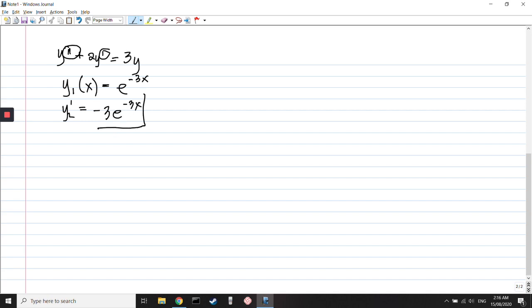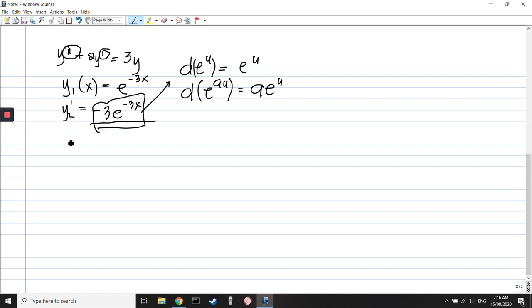Recalling differential calculus, the derivative of e to the u is equal to e to the u times u prime, or the derivative of e to the ax is equal to a e to the ax. So this explains this one, and I come up with that answer.